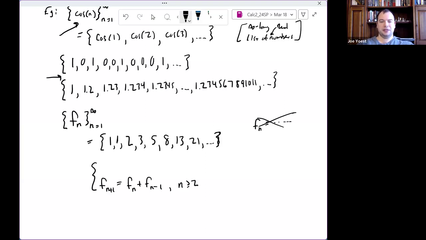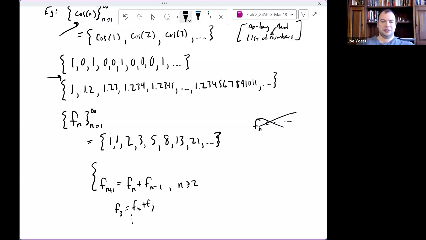So f3 equals f2 plus f1. f4 equals f3 plus f2, and so on. That part looks good, but I've only told you how to find f3 and higher. I haven't told you how to find f1 and f2.